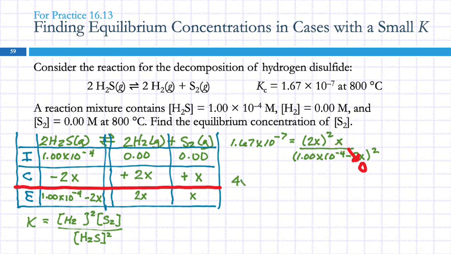So this side is 4x cubed. And the other side is going to be 1.67 times 10 to the minus 7 times 1.00 times 10 to the minus 4 squared. I wrote minus 4 there, but it's minus 7. Did that yesterday too. Did I do that right?